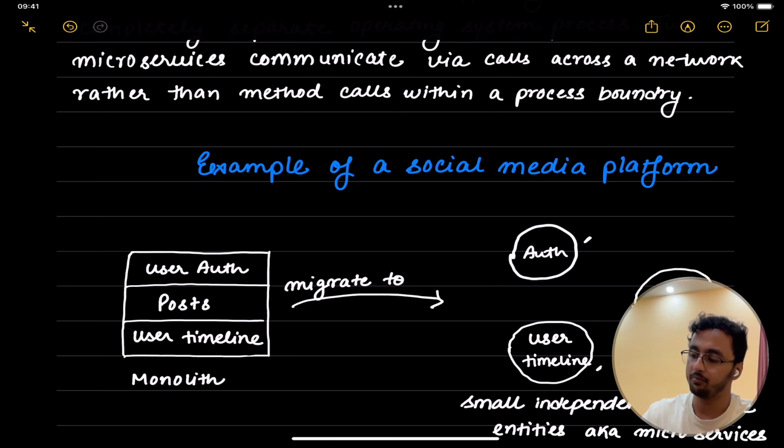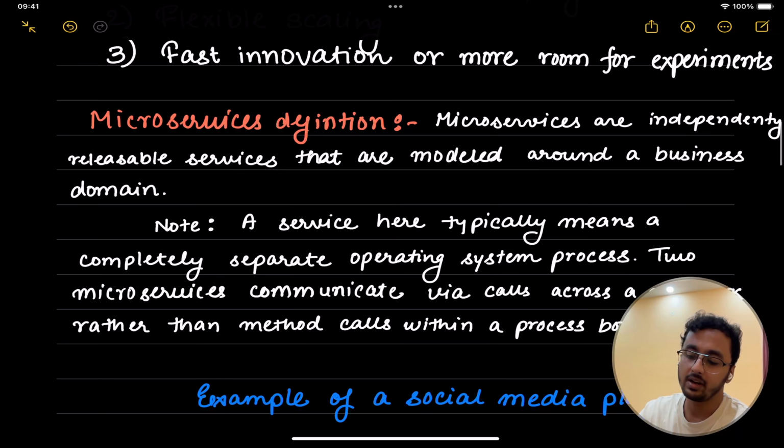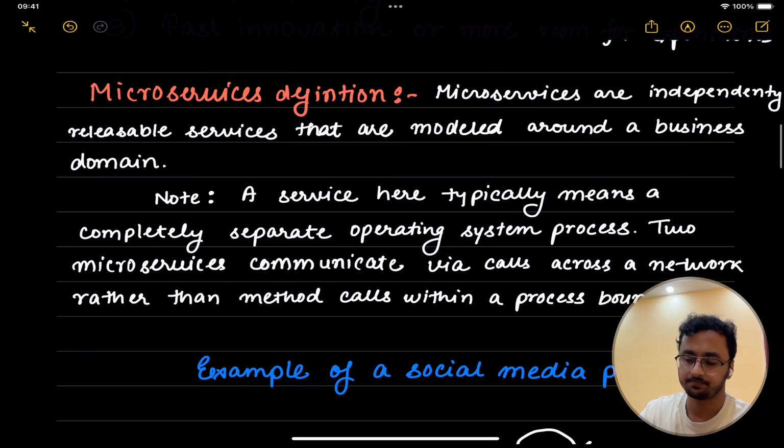Posts is altogether a separate feature which has been moved to a microservice. Same goes with user timeline. Independently releasable is one of the key features that microservices offer, right?